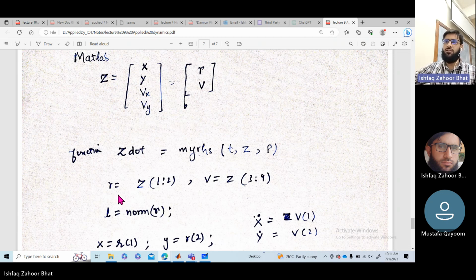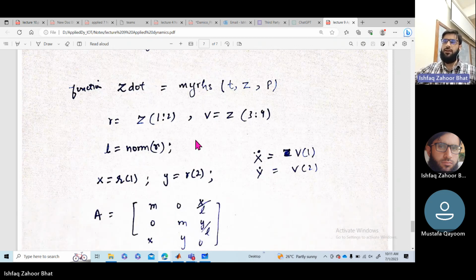So first, we will unpack this Z vector in terms of R and in terms of V. R is nothing but the first two components of Z, X and Y, that is Z of 1 to 2. V is nothing but the third and fourth elements of Z, that is Z of 3 to 4.